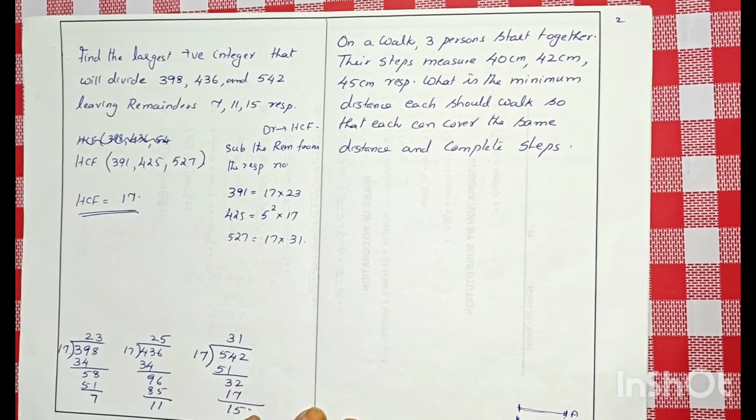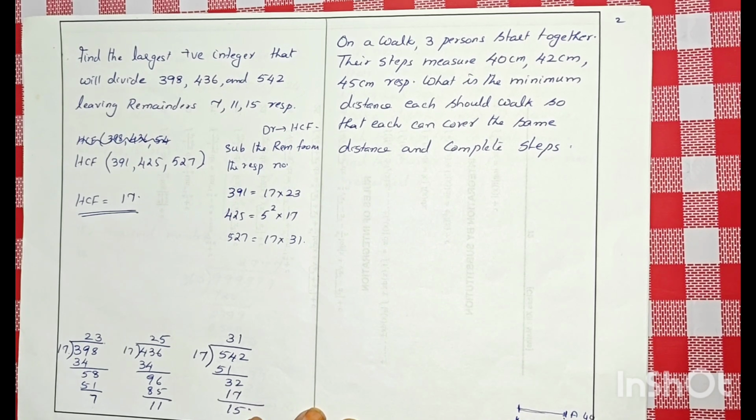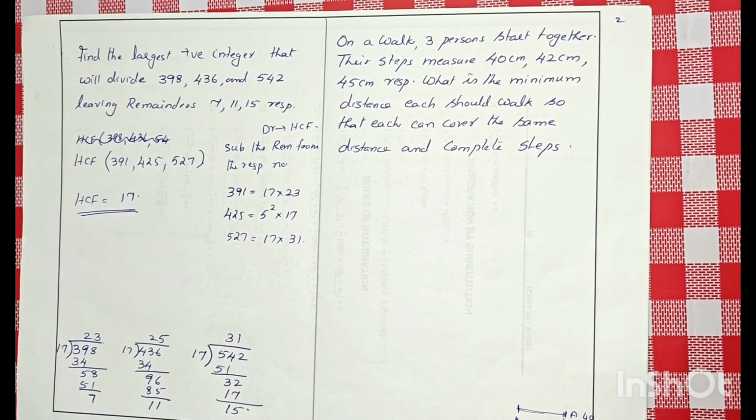The same distance is covered by B with 42 centimeters steps, and by C with 45 centimeters steps. So at a particular distance, they would have completed their steps. So we have to find that distance where all would have completely finished their steps.